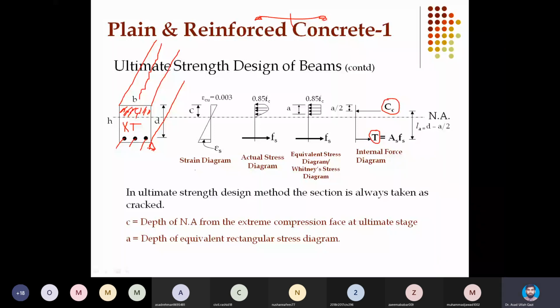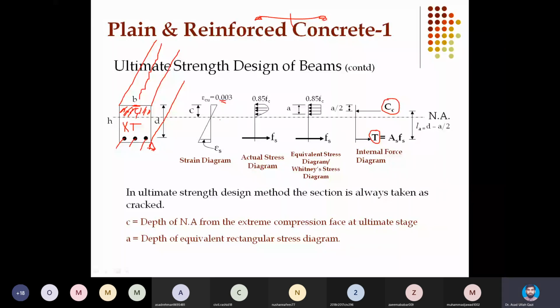ACI has fixed the ultimate strain, the crushing strain, which will be the strain in the extreme fiber of the cross section from the neutral axis, and its value fixed is 0.003.